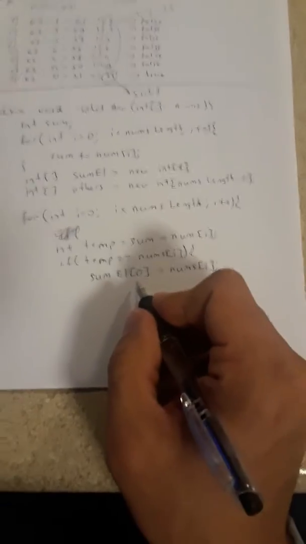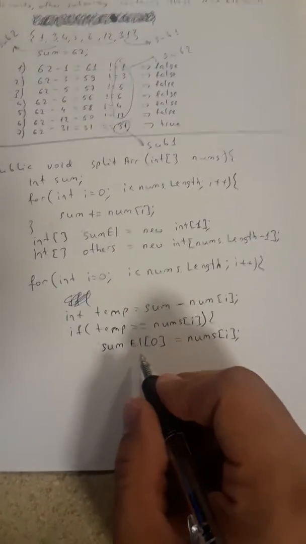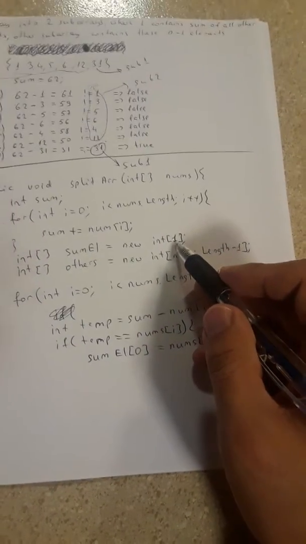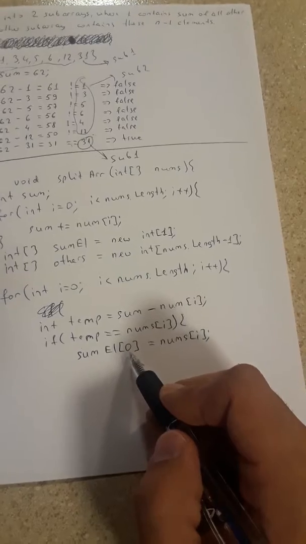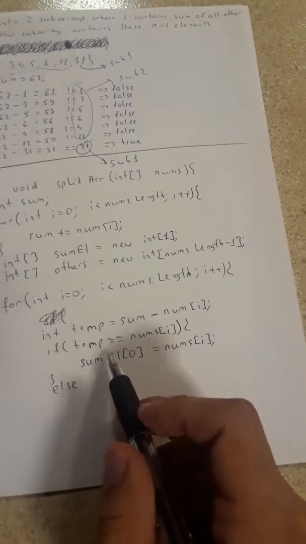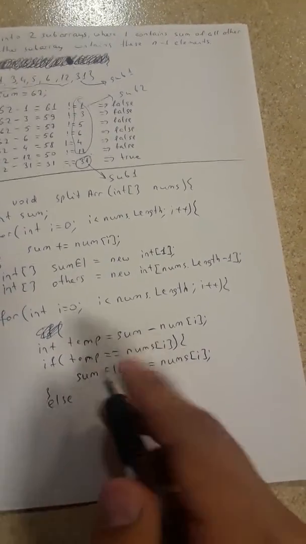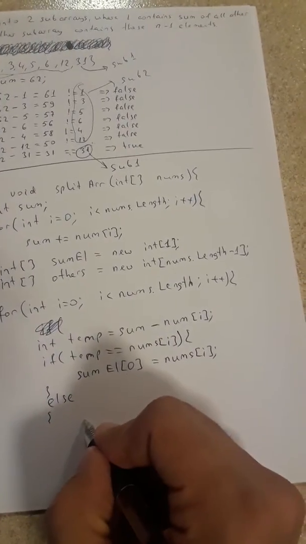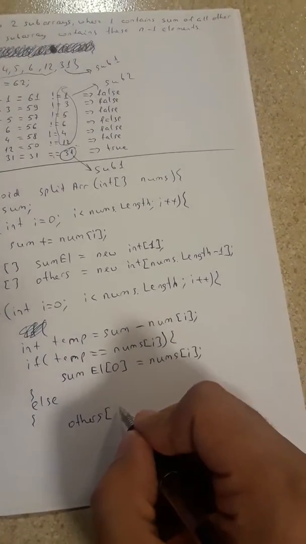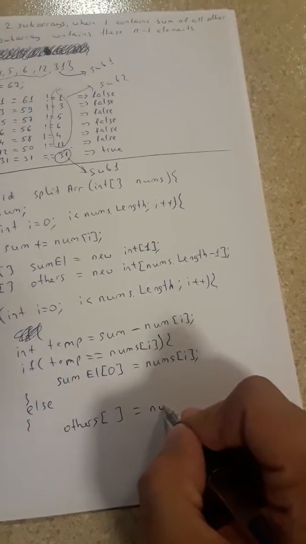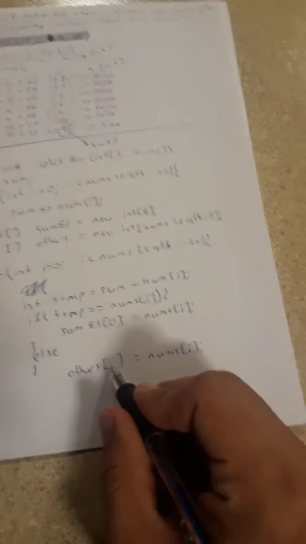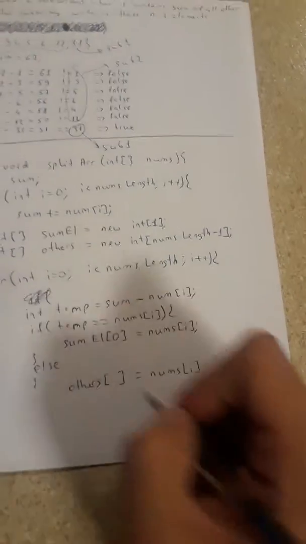Since this subarray contains a size of 1, I will use index 0. For the other elements, when this equation is not true, I will put all elements into the others subarray, but in this case I need to define the index.